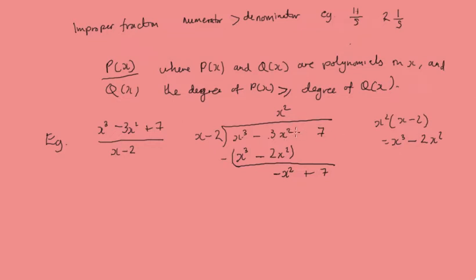There's an x squared, but there's no x coefficient, so we've got 0x here, then plus 7. So if there's any missing coefficients, you add them in.